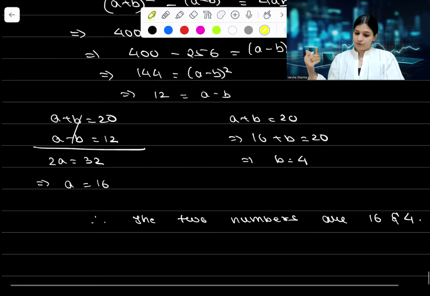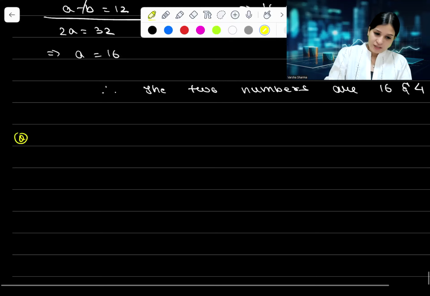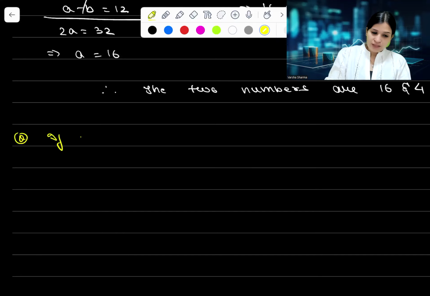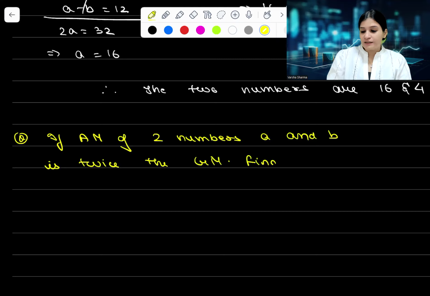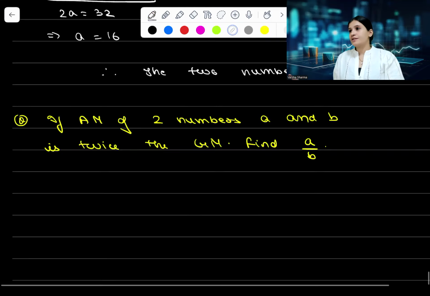Done this one. Question. If the arithmetic mean of two numbers A and B is twice the geometric mean, find the A by B ratio. Find the ratio of two numbers.